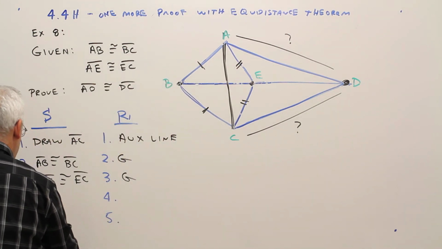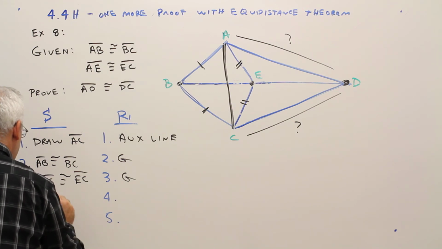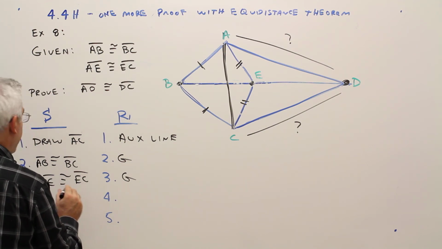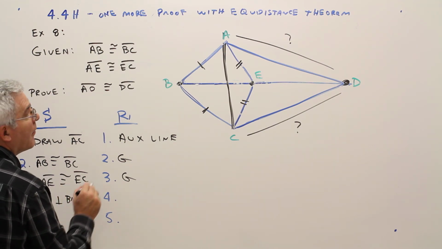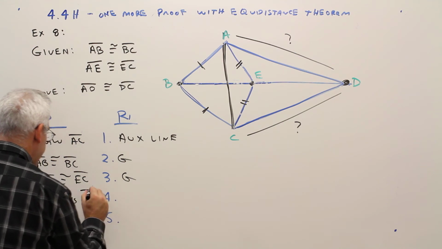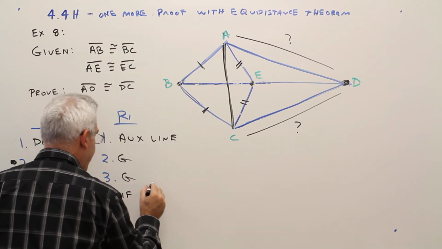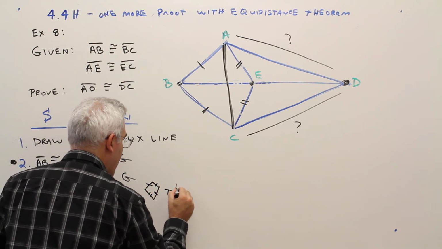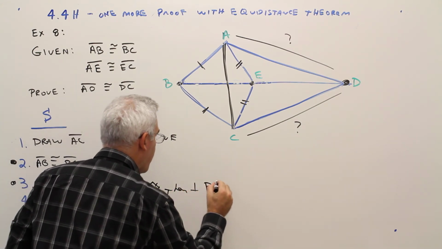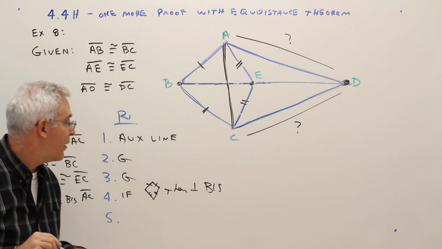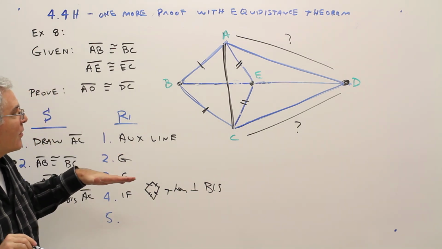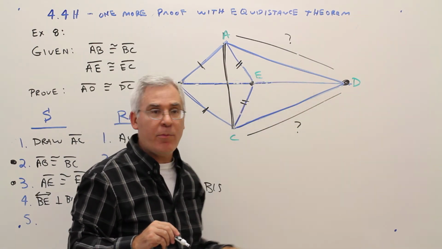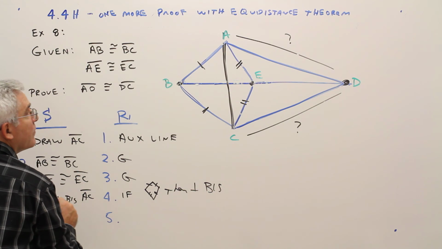So I can say line BE is the perpendicular bisector of AC, if kite thing, then perpendicular bisector thing. And now once I've established that point D is in fact on that perpendicular bisector, it will be equidistant. I'm done.